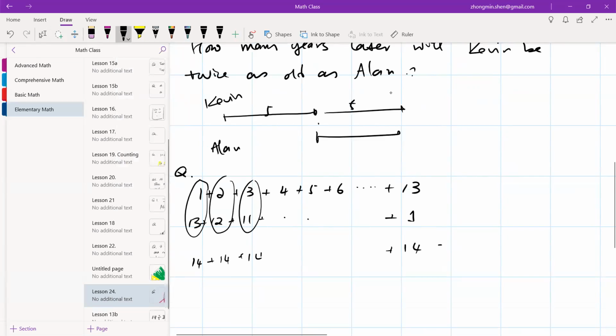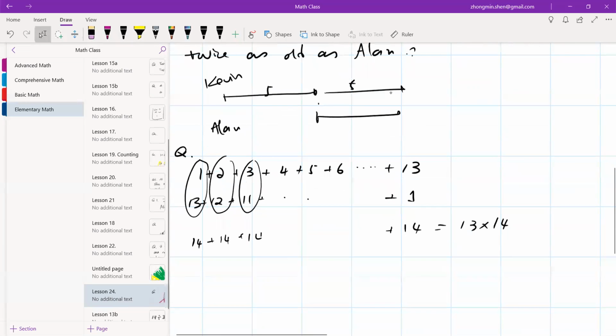All right, when you add the 14, how many 14s there are? 13 times 14. There are 13 such numbers there. So 13 times 14 gives you a total sum, but this sum will be double of the original one, right? So the answer here will be 13 times 14 divided by 2, okay?